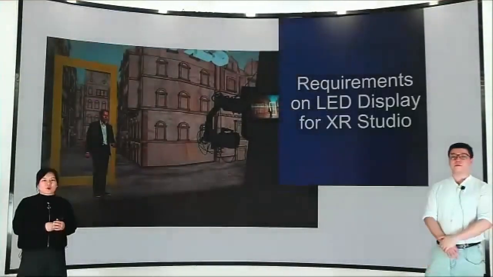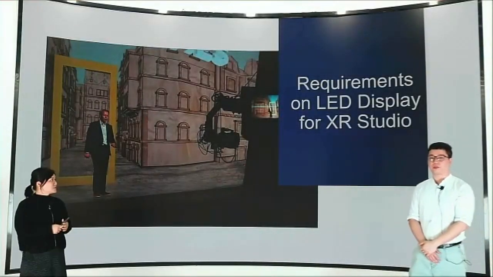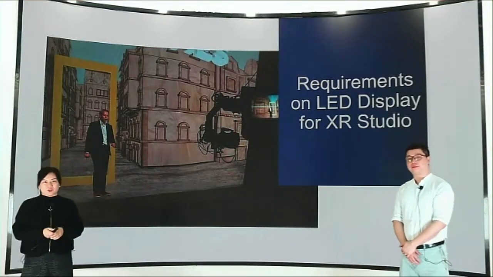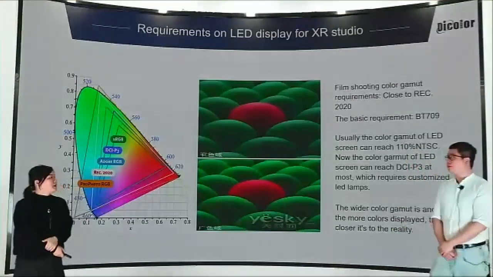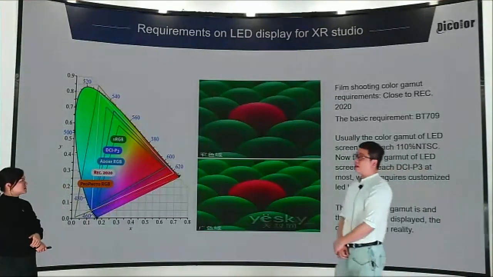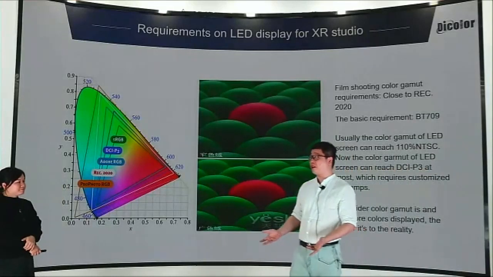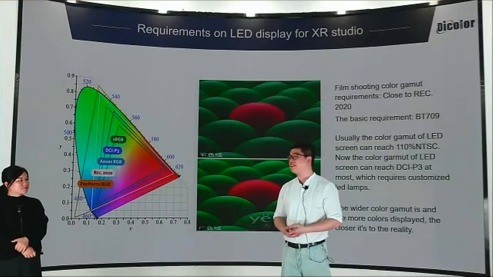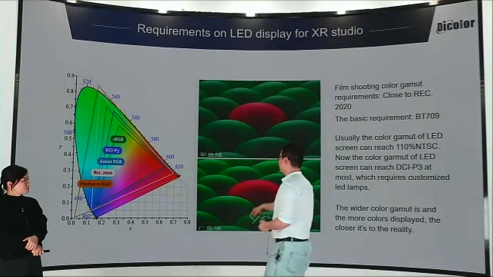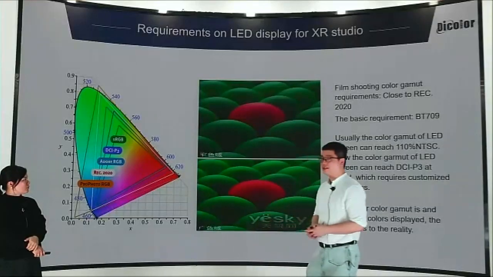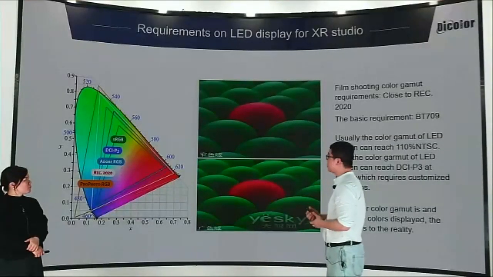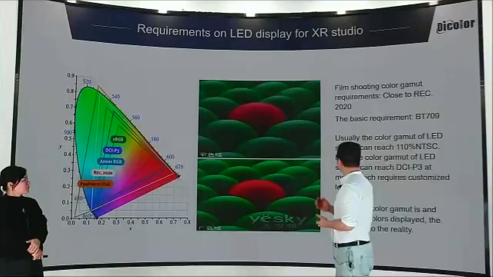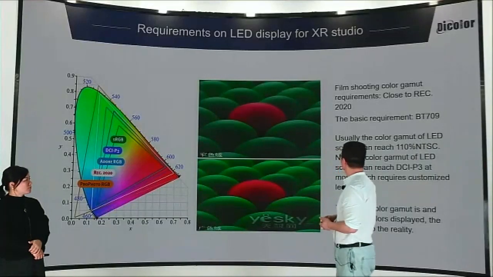Okay, so these are the systems and the server, but what else do we need to build an XR studio? Because Dicolor is a very professional LED screen manufacturer, we will focus more on the LED display requirements. Look at these photos. For film shooting, the color gamut requirement is normally close to REC 2020. The basic requirement is BT.709.